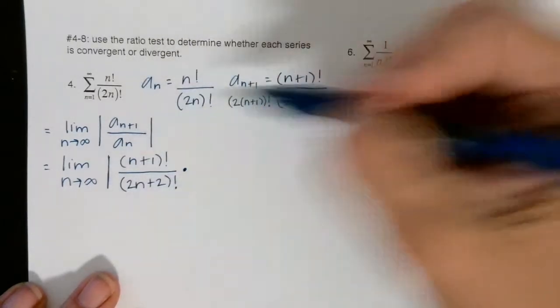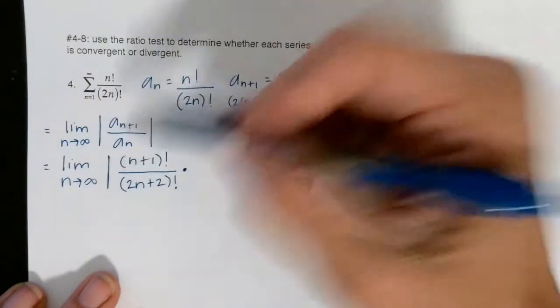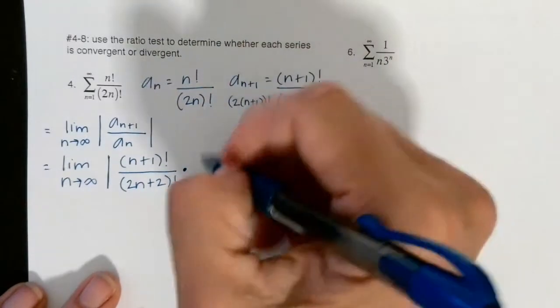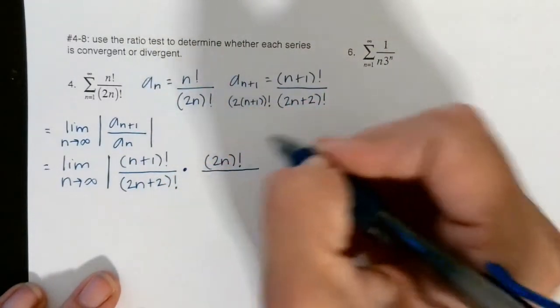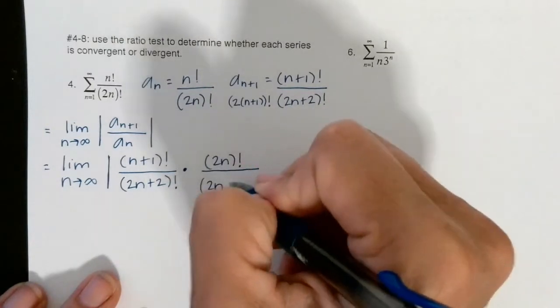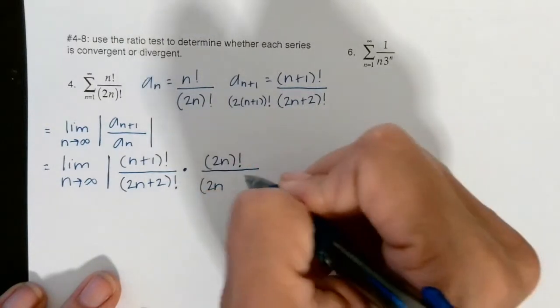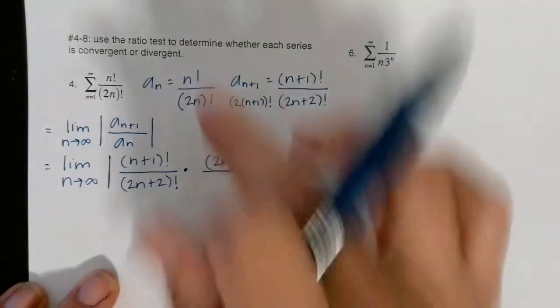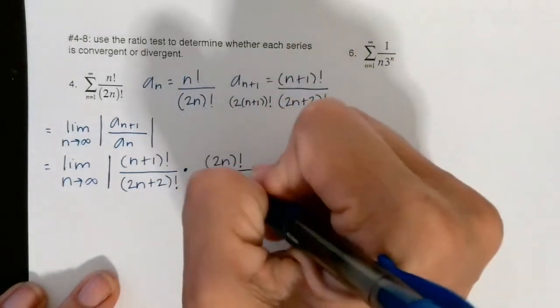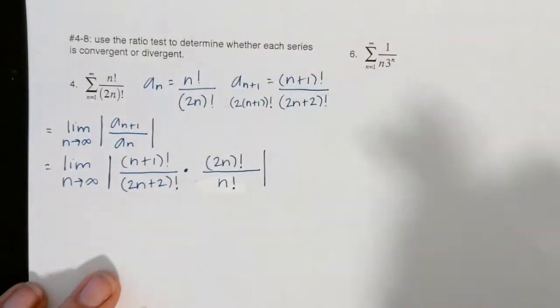So here's a sub n plus 1 and then a sub n, but I have to flip it because I'm doing copy dot flip. Watch where your factorial goes. You want to make sure it's on the outside of the parenthesis. Oops, I just messed that up. So this one should just be that n factorial. And then close out your absolute values.